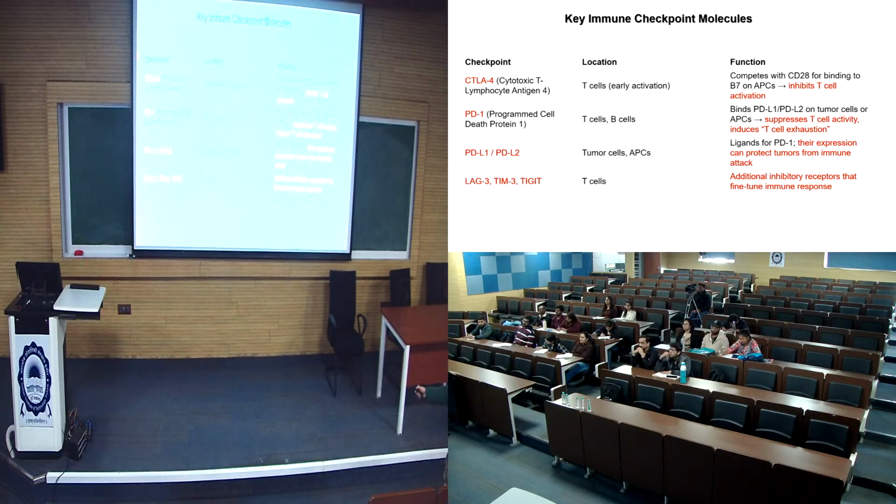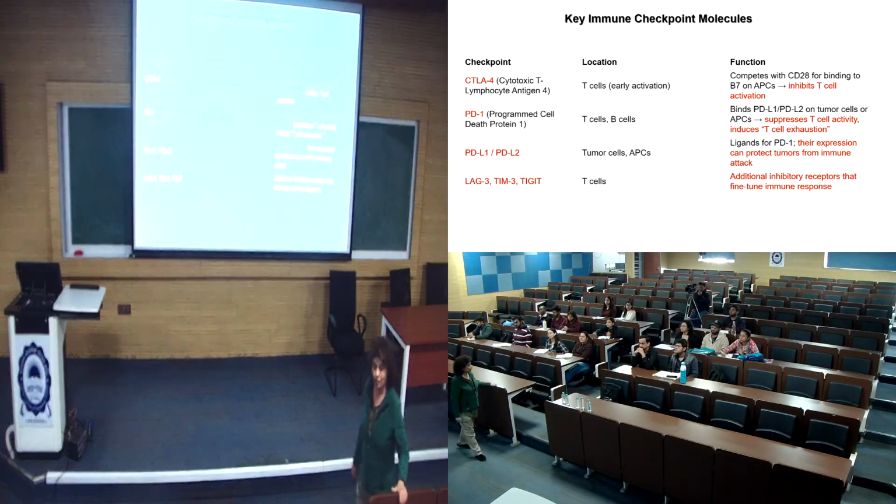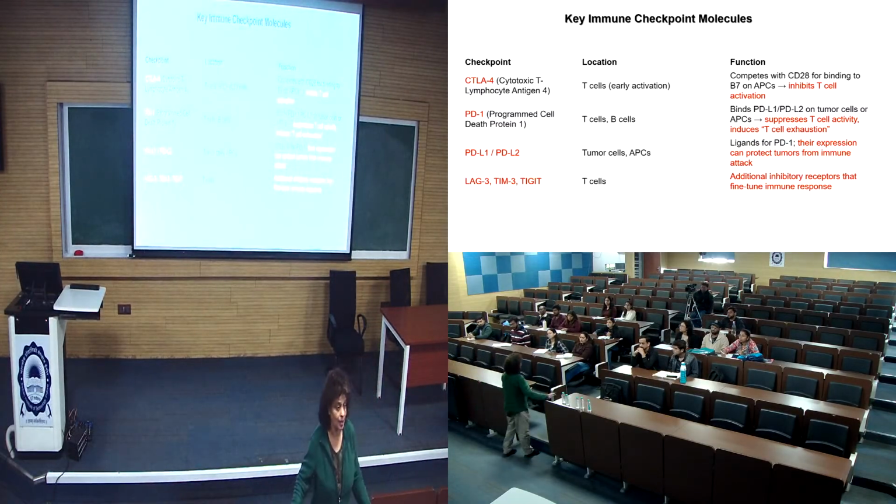Okay, you already know about PD1, PDL1 and CTLA4 very briefly. Today I'm going to tell you in detail about CTLA4 because this is used as a therapy for cancer patients. T cells and B cells express this protein called PD1. Bear with me.